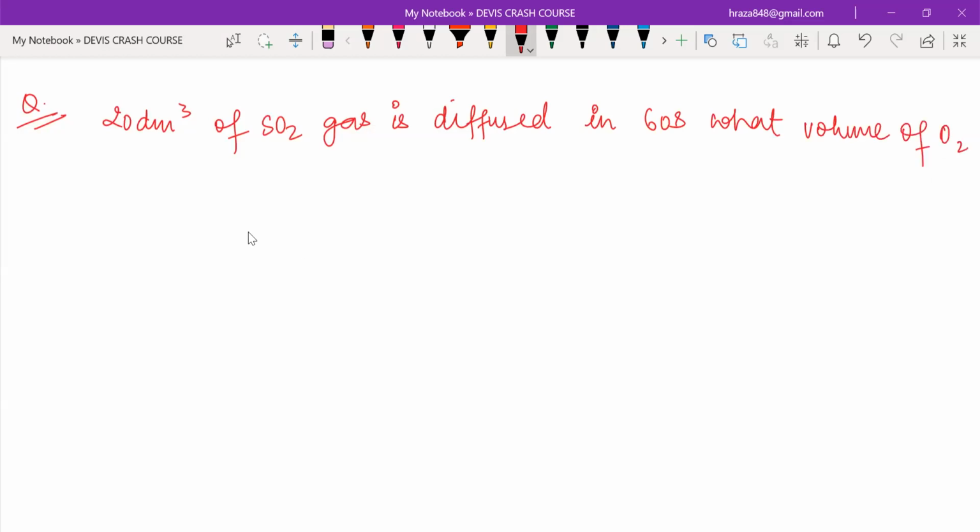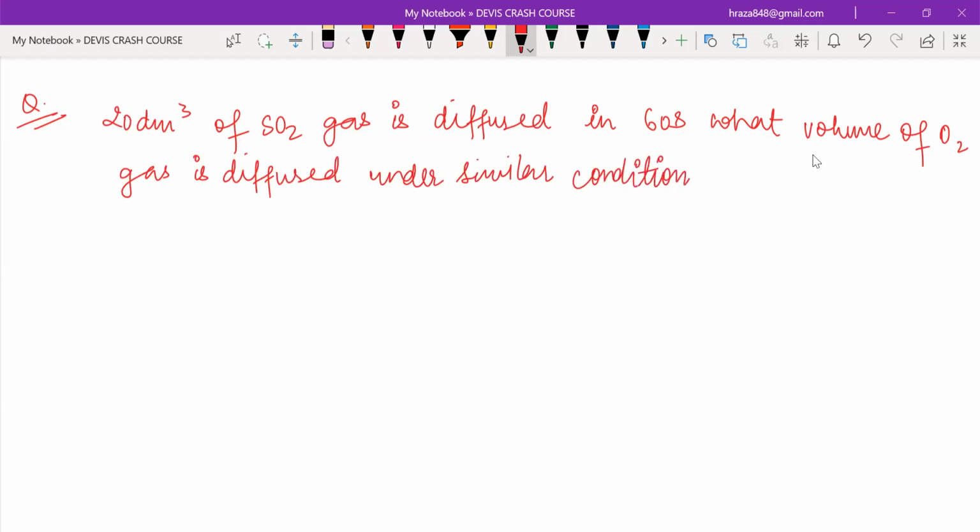What volume of O2 gas is diffused under similar conditions in 30 seconds?